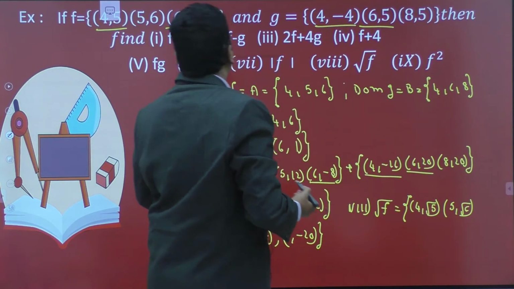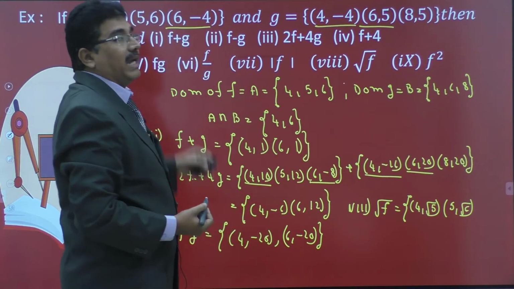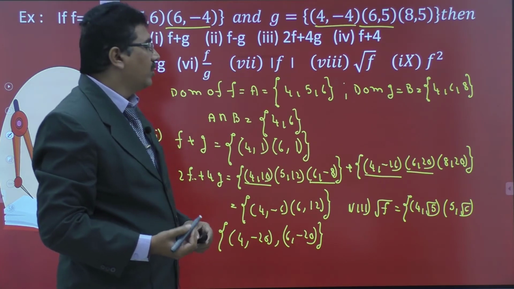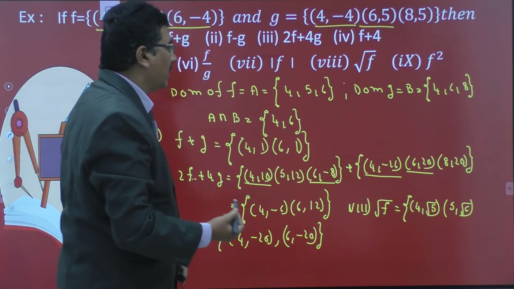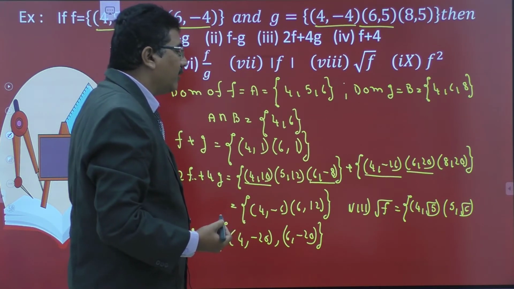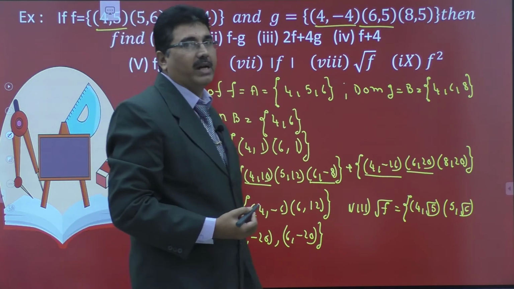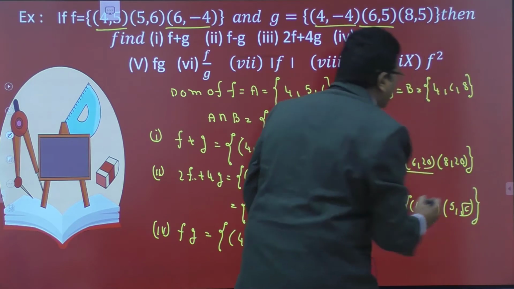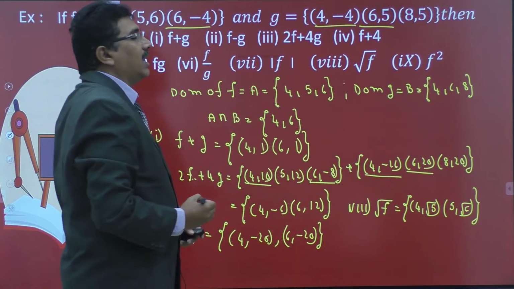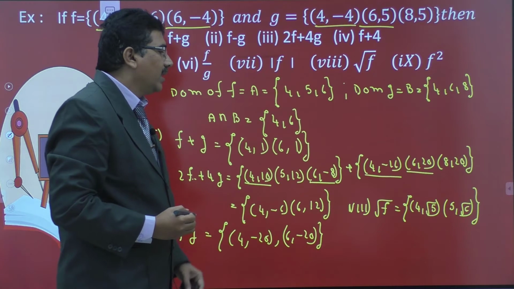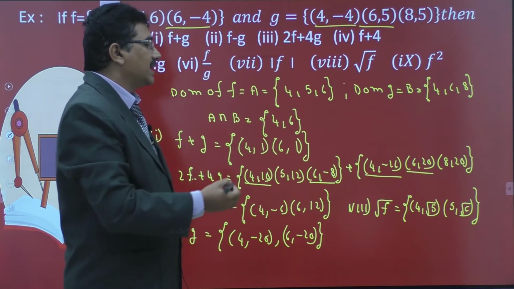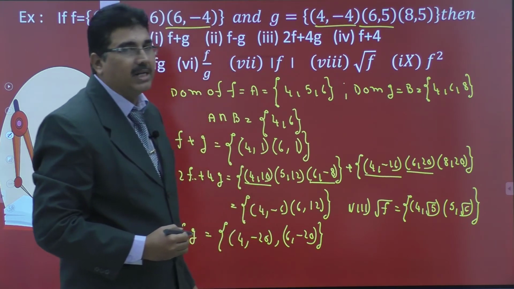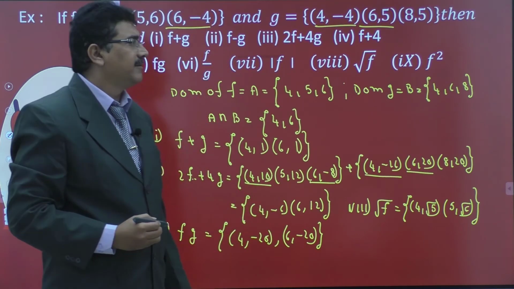Next one is 6 comma root minus 4. Root minus 4 does not exist, because root minus 4 is not defined. That's why root f is equal to the set of all ordered pairs 4 comma root 5 and 5 comma root 6 only.